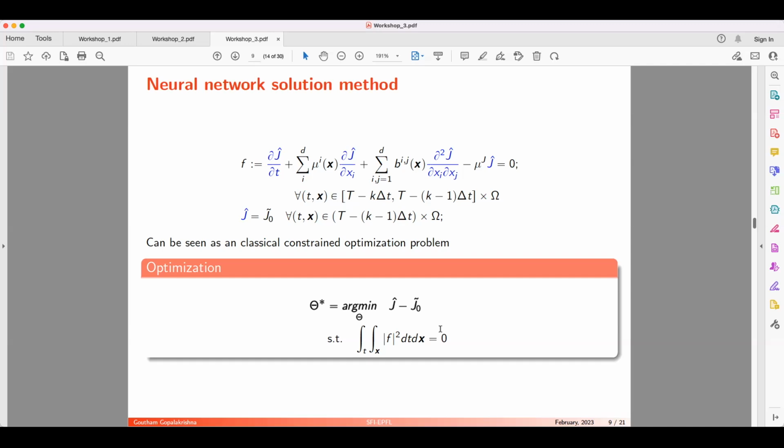That's all this equation is saying. This x is just the state variables of the problem. And you also have the time dimension here, right? And this J will receive as inputs all the state variables x as well as the time dimension t.